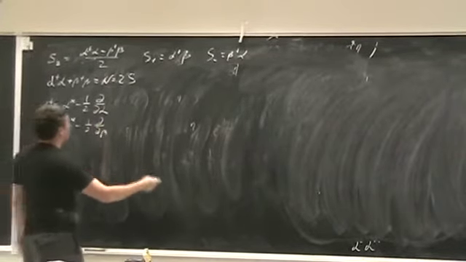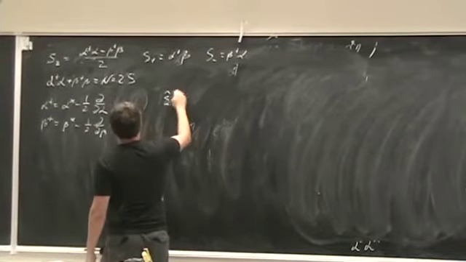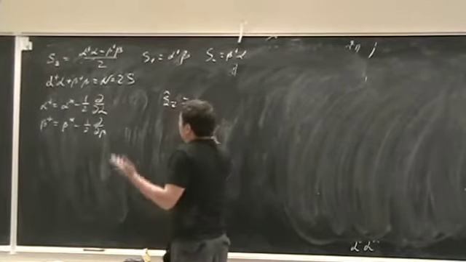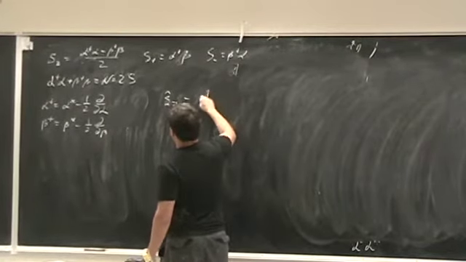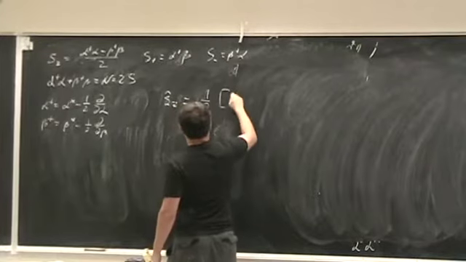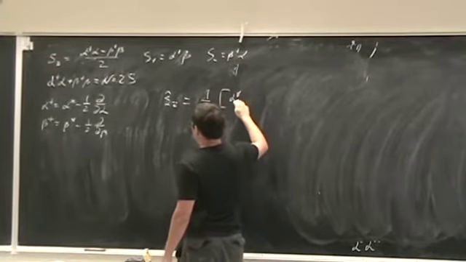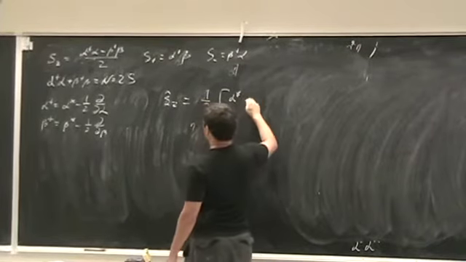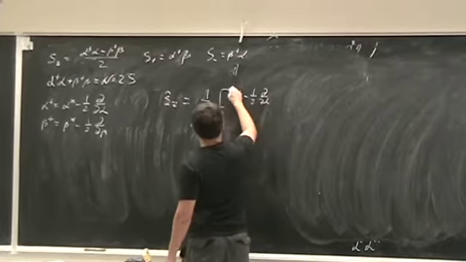Just as an exercise, let me compute the Weyl symbol for S_z. It's a little bit complicated, but that's what it is. So it will be 1/2 α* − 1/2 ∂/∂α.